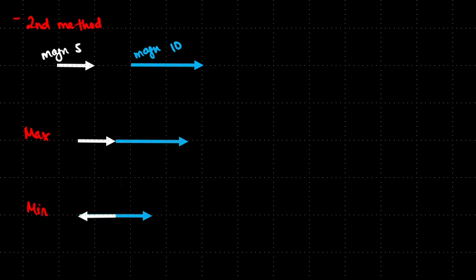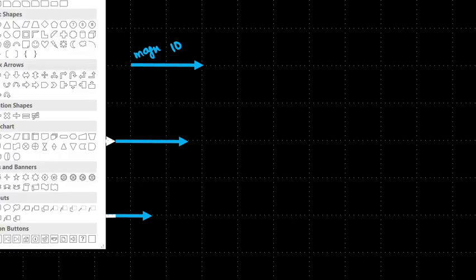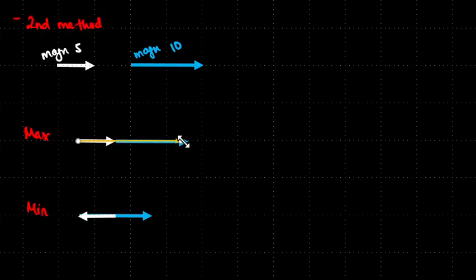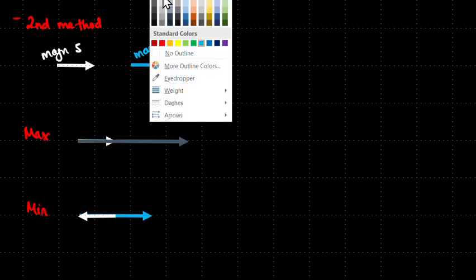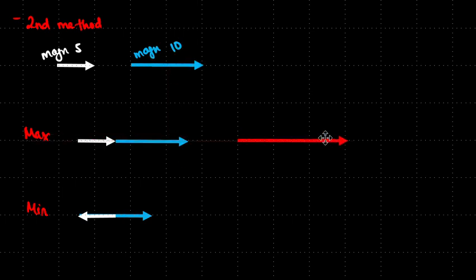So the resultant will be this. Let's move it on top of this and make it red. Let's move it over here, and it's actually going to be this.